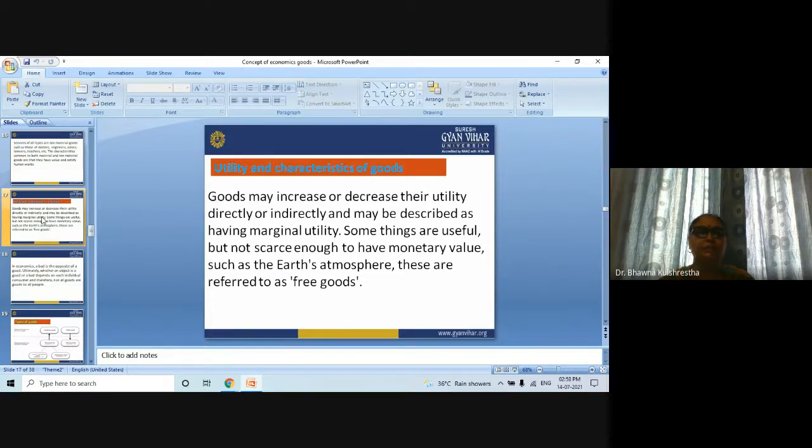These are referred to as free goods. In normal parlance, goods is always a plural word, but economists have long termed a single item of goods a good.